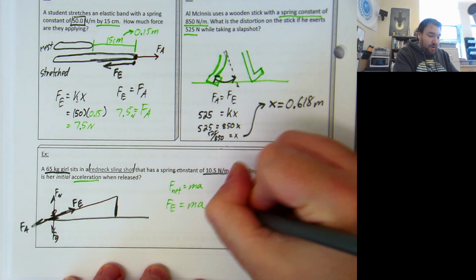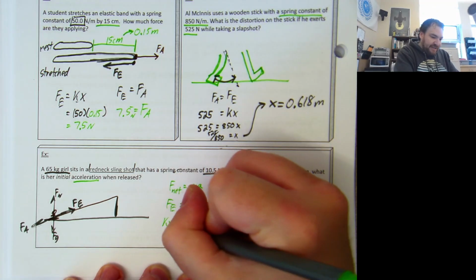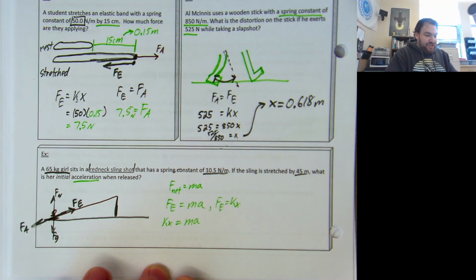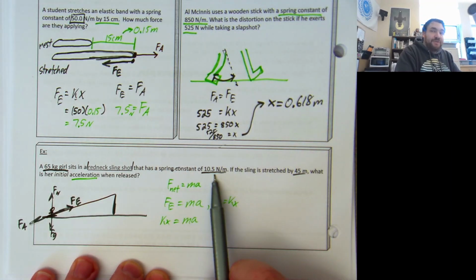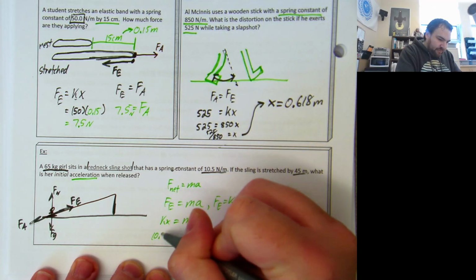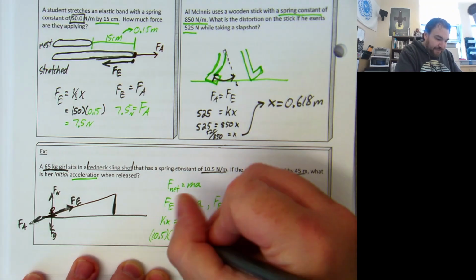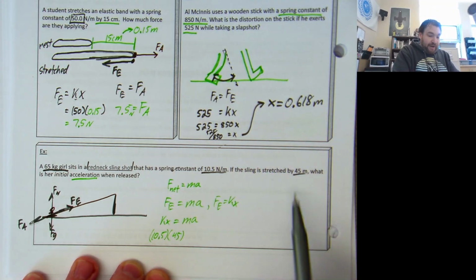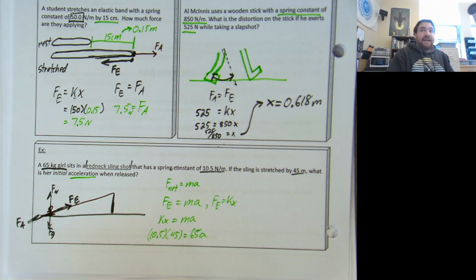But we know the elastic force is equal to kx. So kx is going to equal ma. We can start plugging in all of these values. We know that k is 10.5 newtons per meter. We know that x is equal to 45. That is the stretch. Her mass is 65, and we want to find a.